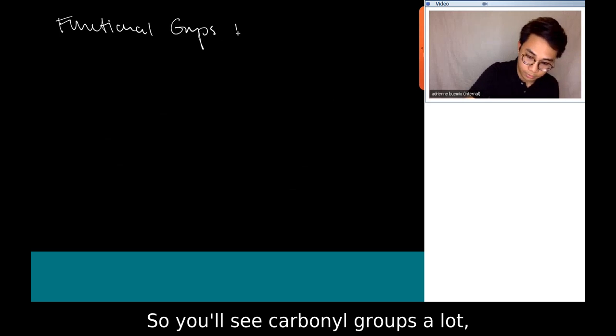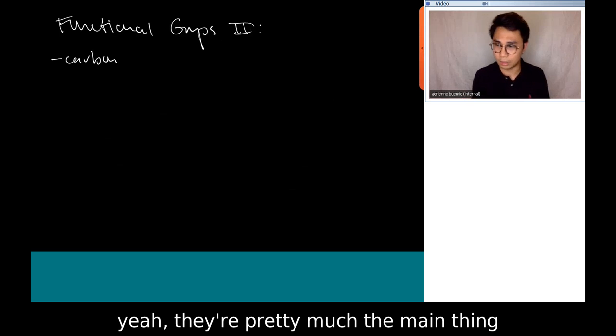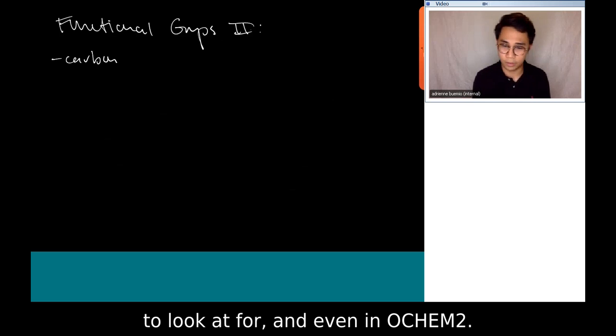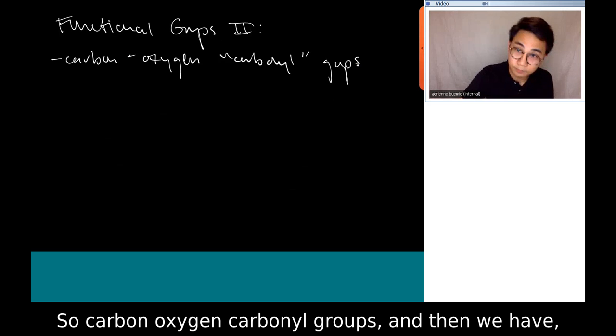You'll see carbonyl groups a lot, and they're pretty much the main thing to look out for, even in OChem too. So carbon, oxygen, carbonyl groups, right?